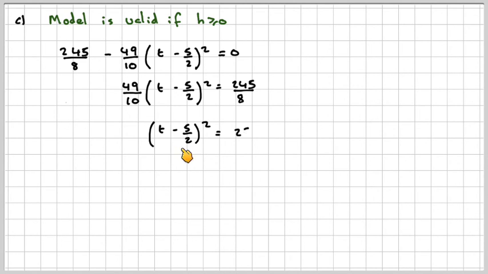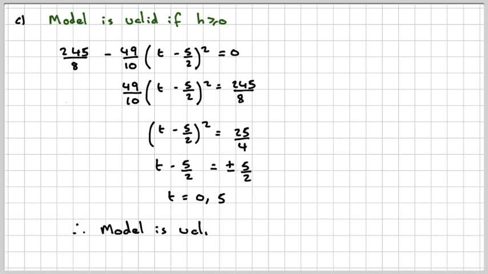So we get (t − 5/2)² is 25/4. Taking the square root, we get t − 5/2 is equal to plus or minus 5/2. For the two values, when it's minus 5/2, we get 0, and when it is plus 5/2, we get 5. So the model is valid for t being between 0 and 5.